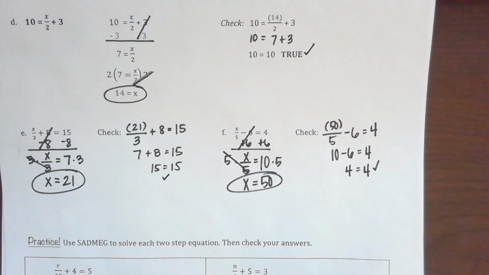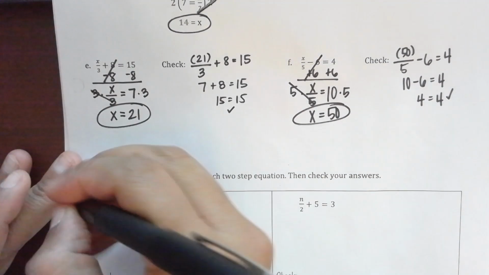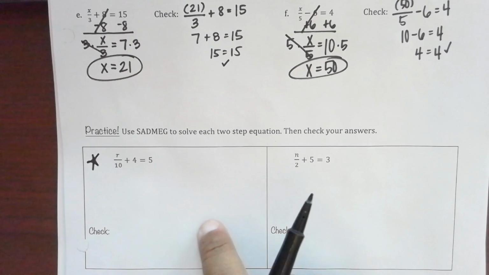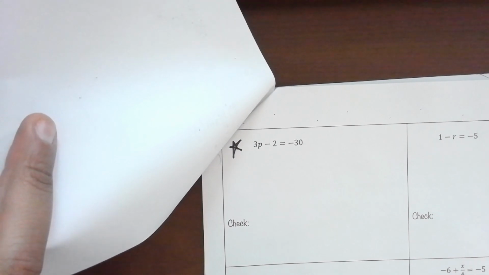Okay. So do me a favor. These don't have numbers on them. I want you to do this one. So this first block. And then when you flip it, this one right here.